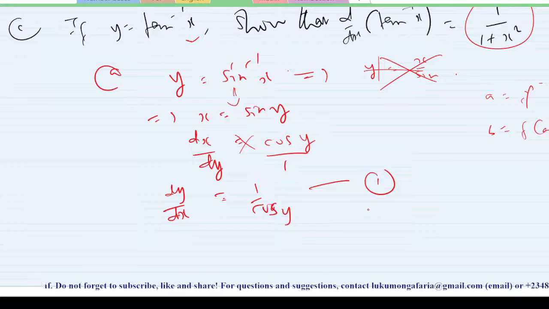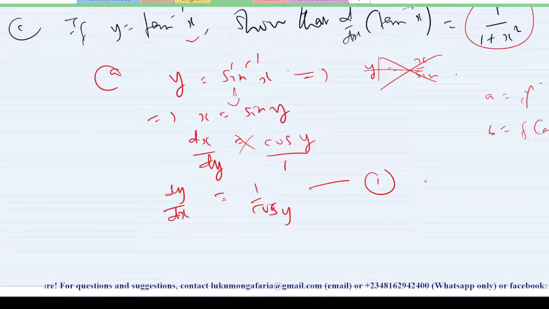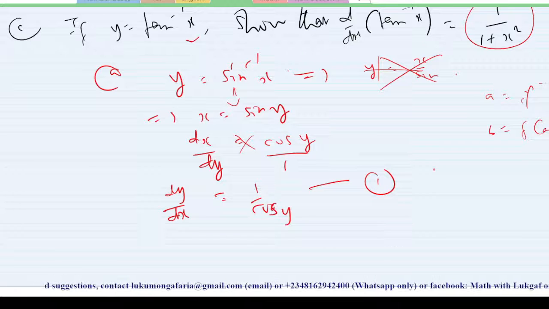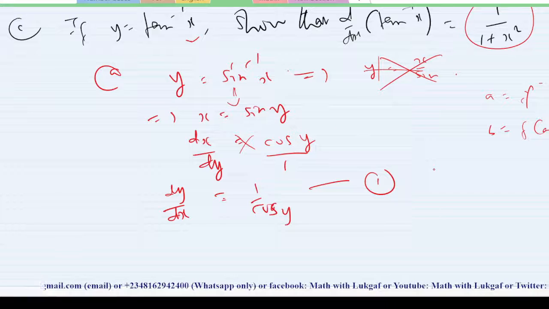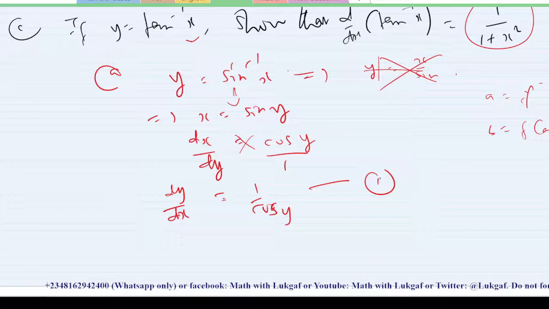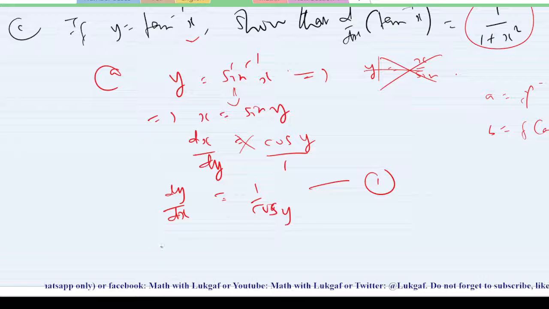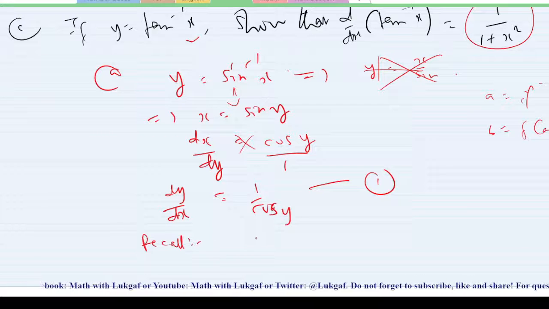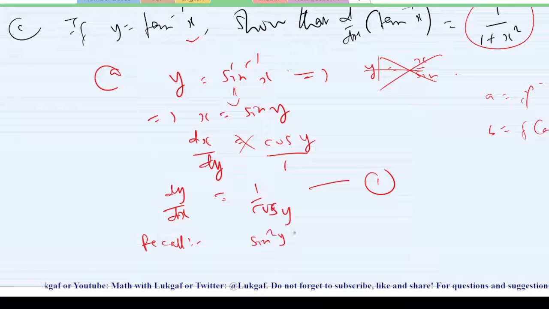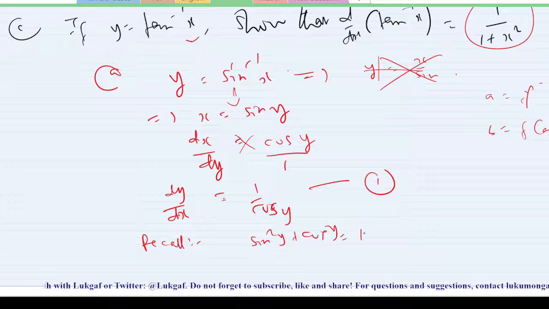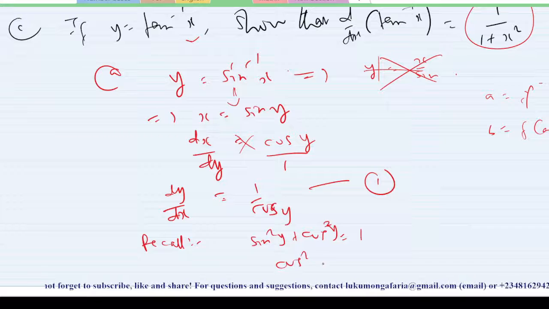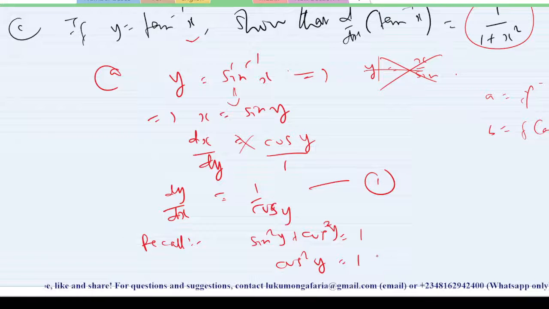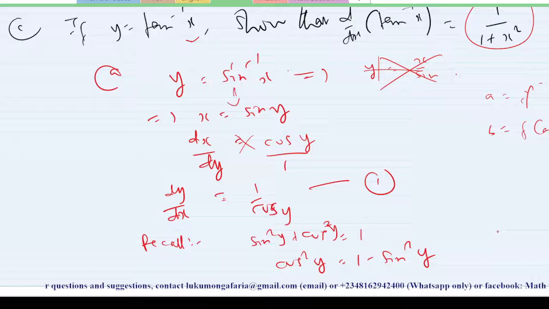So if you now go back to the expression we were given, I have that my dy dx is now equal to 1 divided by cos y. Then you now say, recall from your trigonometry that sin squared y plus cos squared y is equal to 1. Is that not so? Likewise, you can say that your cos squared y is equal to 1 minus sin squared y.